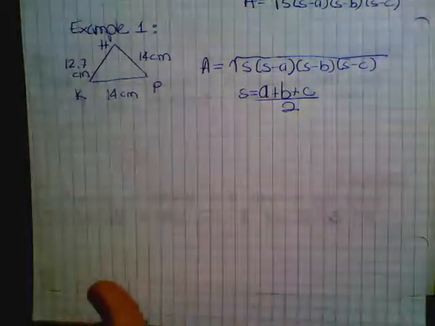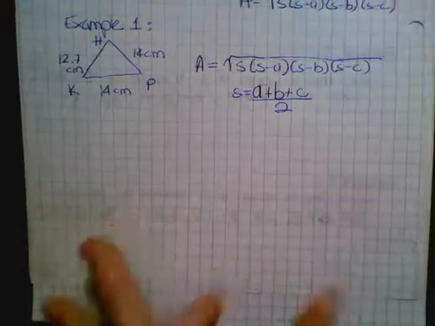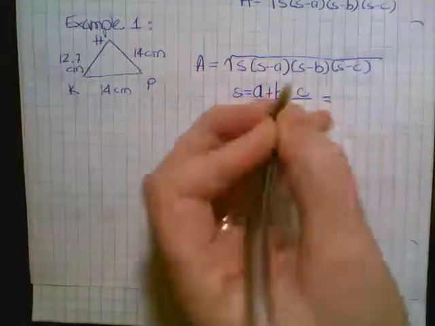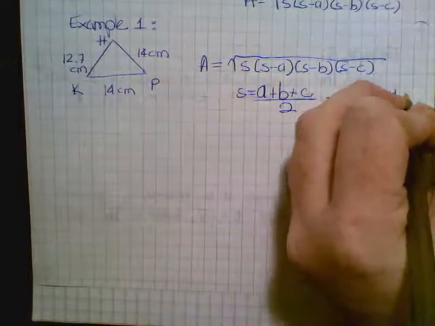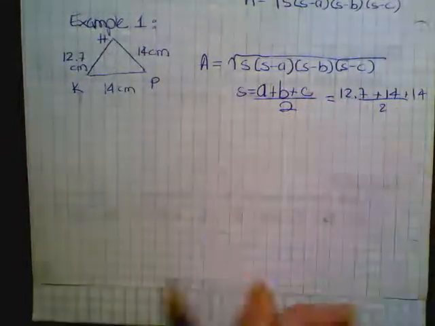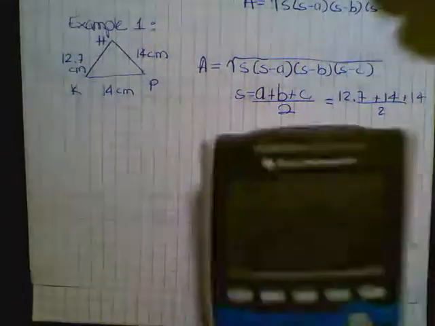I always use a calculator for all of this. So S is going to be 12.7 plus 14 plus 14, that whole thing divided by 2.